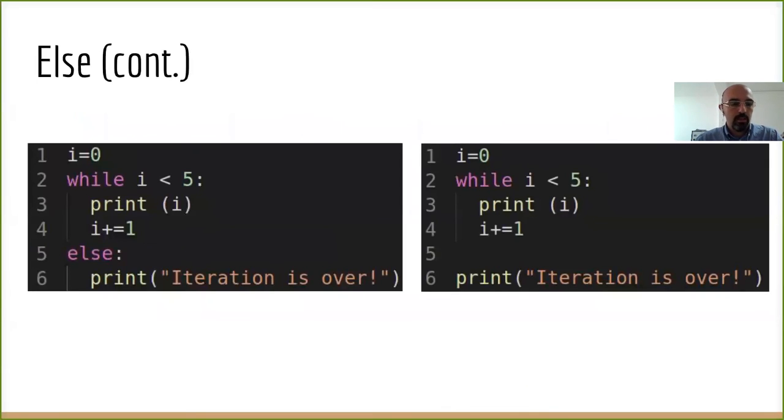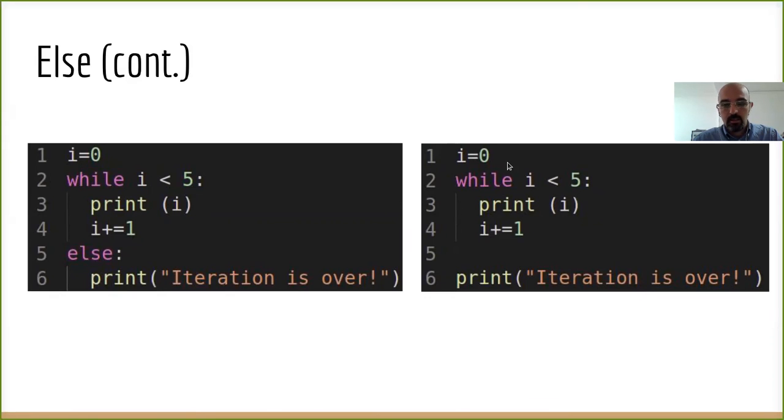So writing these instructions using the else or without else, it has exactly the same effects. Because in the first scenario, while this condition is true, it will iterate the print and the increment, and the first moment that it returns false, it just will print the else. So whatever comes to the else.